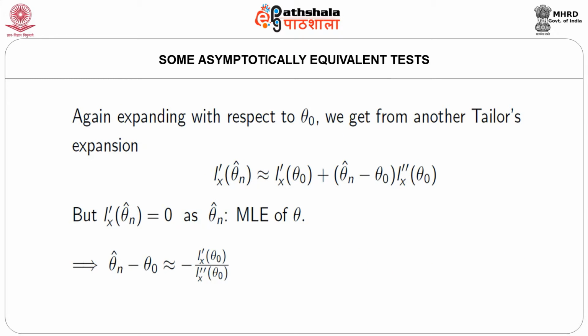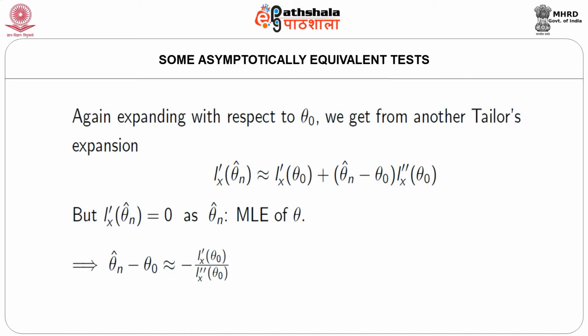Again, expanding with respect to theta naught, we get from another Taylor's expansion that small lx prime theta n hat is approximately equal to small lx prime theta naught plus theta n hat minus theta naught times small lx double prime at theta naught.